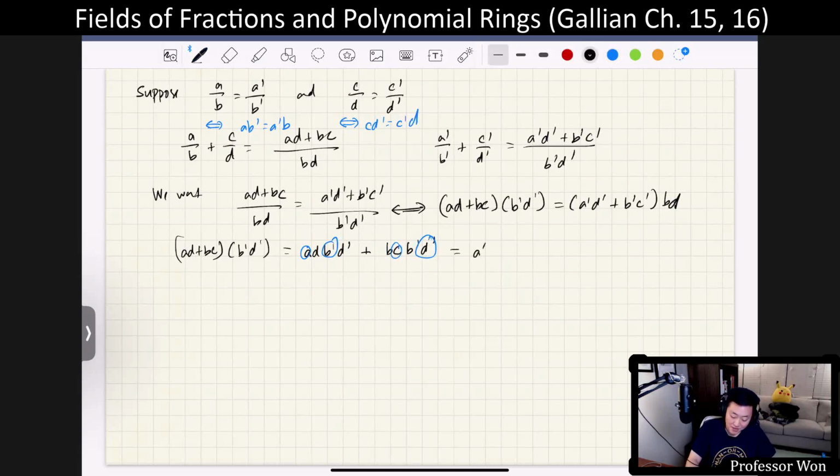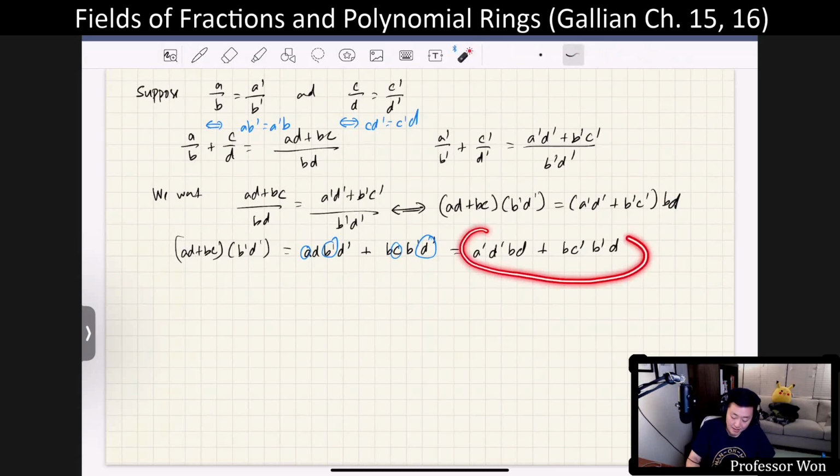I'm going to rearrange factors a little bit to make it clear. A prime D prime BD. So I've just replaced the AB prime with an A prime B. And then for the other one, again I'm going to rearrange a little bit: B C prime B prime D. Now it's easy enough to see that this is exactly this.